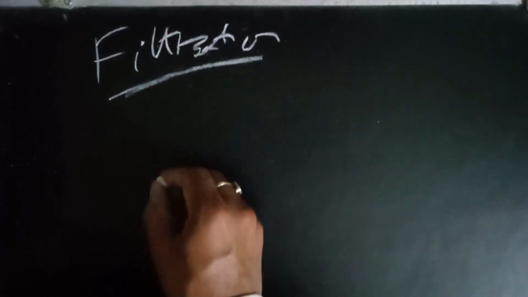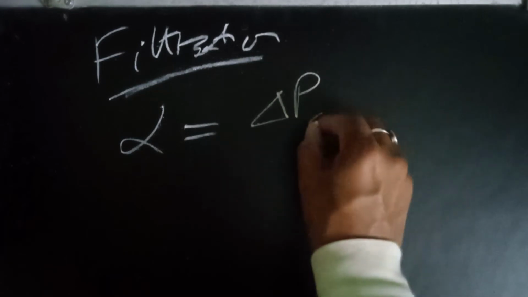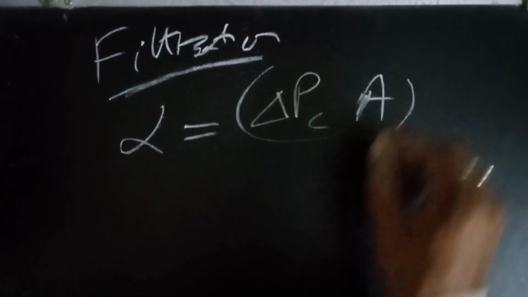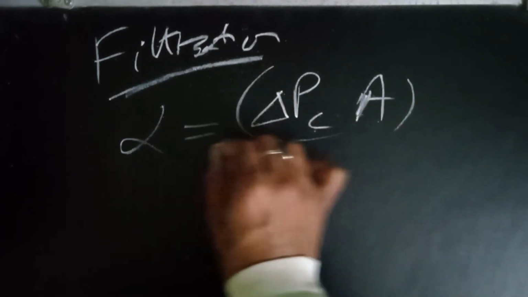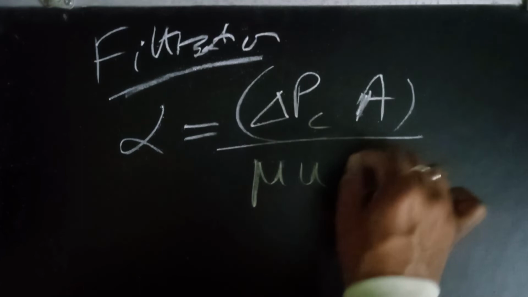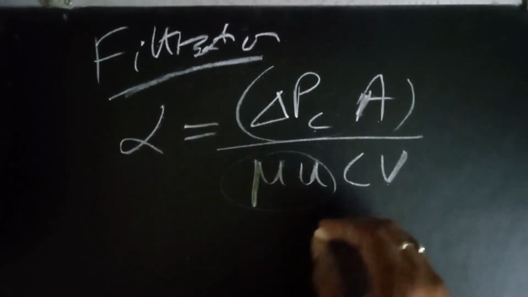For filtration, we know that there is an alpha, the specific cake resistance. Okay, and that is delta p. This is force, so delta pc, the cake, into area. This is force. One way to remember is this force divided by mu u cv. This mu u is there in most of the equations.